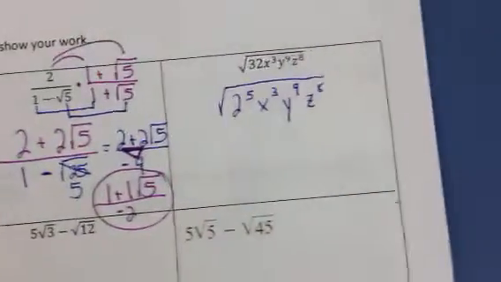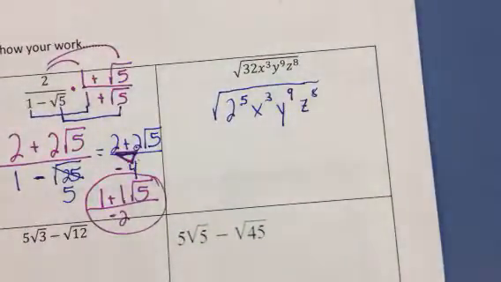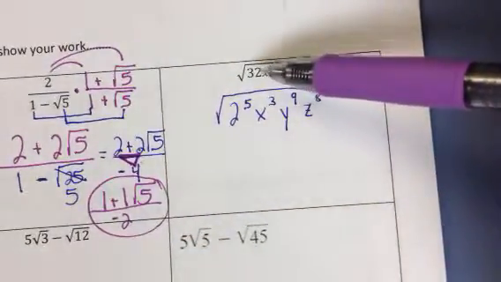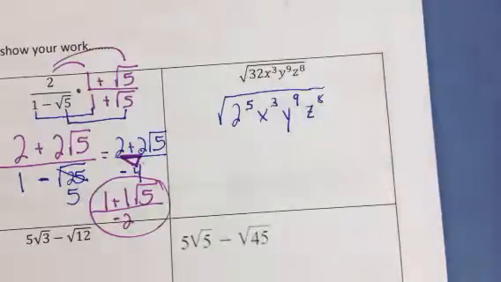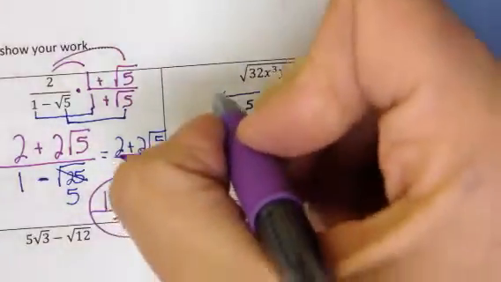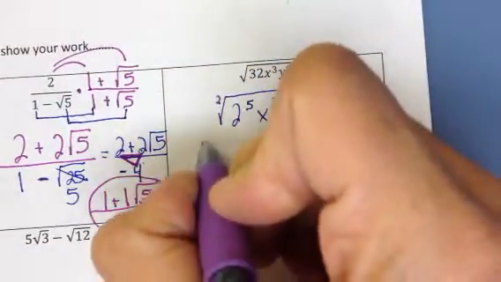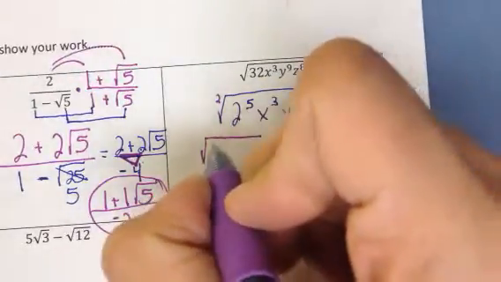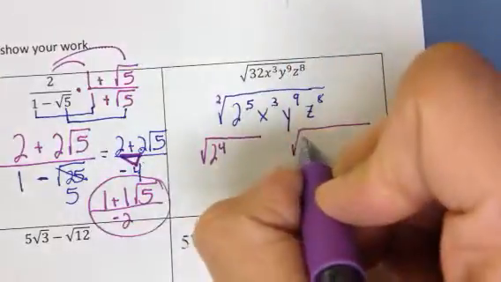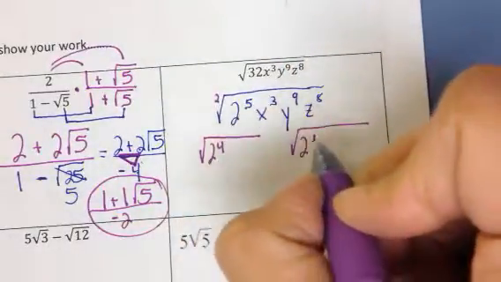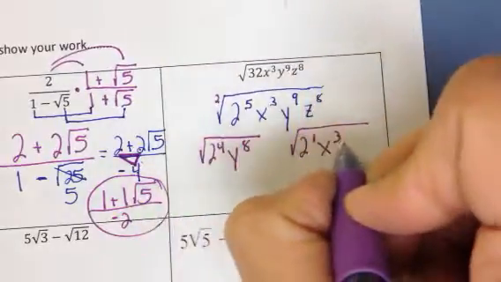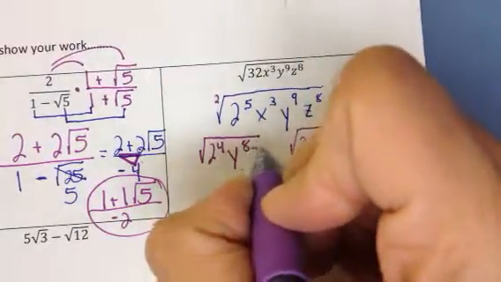All right, the next problem, we're simplifying, and one of the rules is you can't have anything perfect under there. So I went ahead and made the factor tree for 32. And this is where we talked about you can make the perfect, there's a little 2 here, and the not perfect. So here's my perfect, here's my not perfect. So of these 5 2's, 4 of them are perfect and 1's not. I don't have enough x's to be perfect. Of the 9 y's, 8 are perfect and 1 is not, and all my z's are perfect.